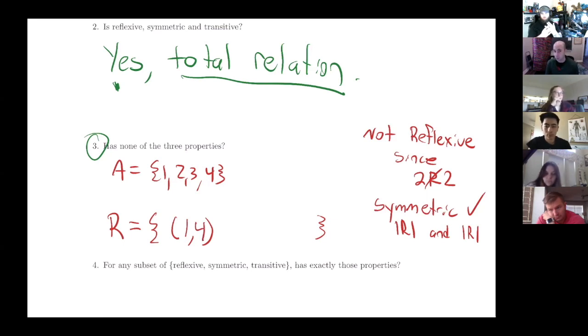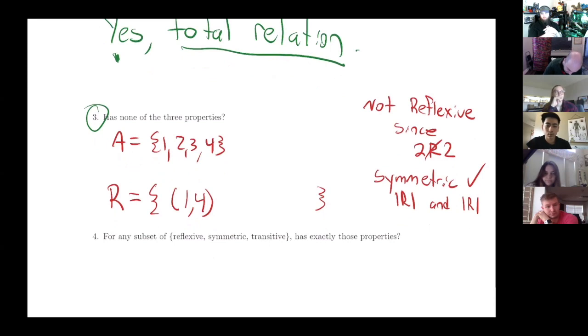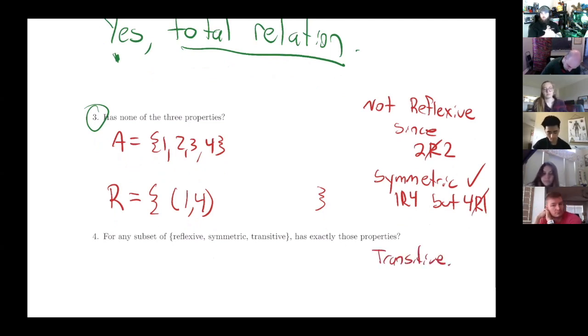Reflexive does not work for any of them. It is now no longer symmetric since we have 1 is related to 4, but 4 is not related to 1. However, this is transitive because we don't have any such A, B, B, C's to consider.